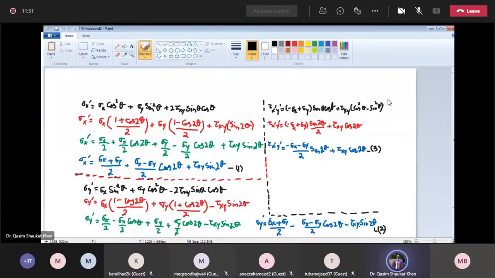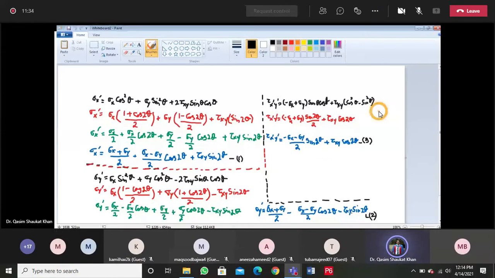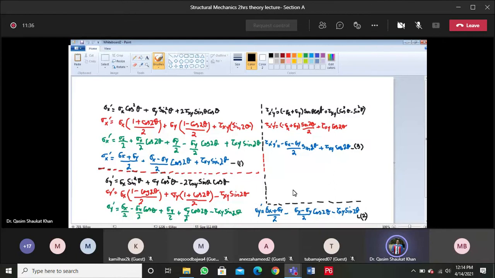If you see the difference of the signs, is this clear?